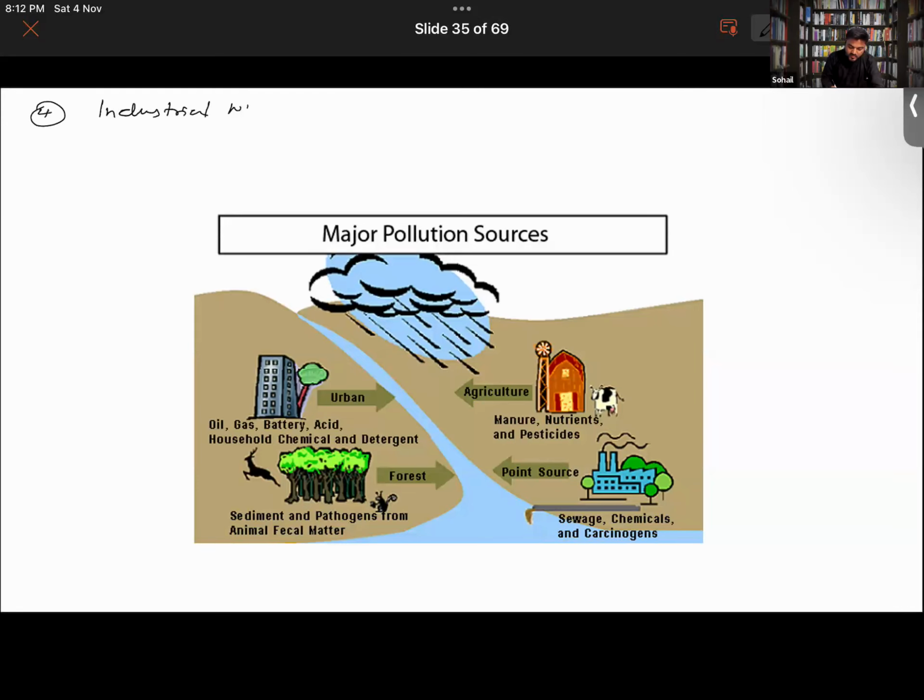So you have got now industrial waste. Industrial waste क्या होता है? Basically toxic chemicals coming from industries, right?